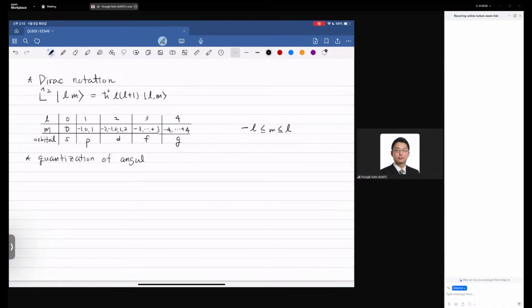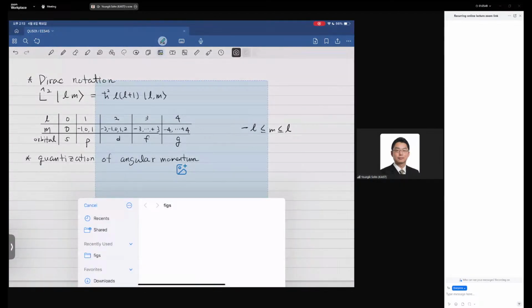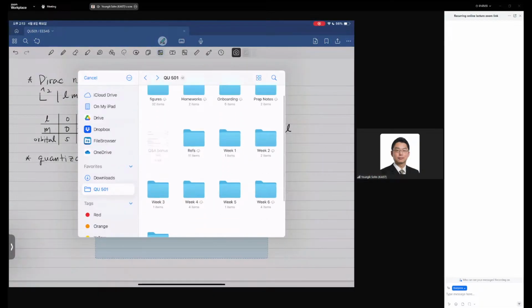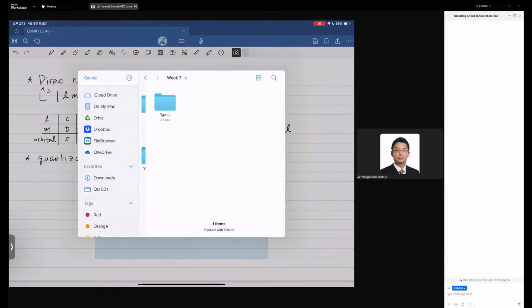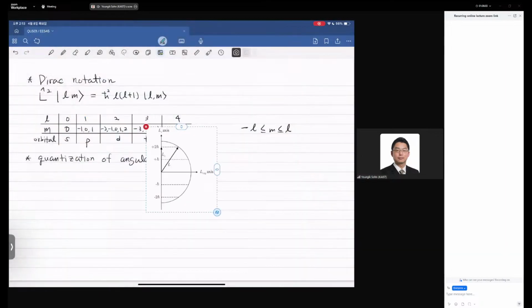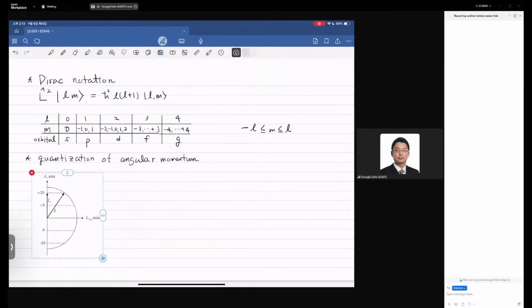And lastly, we arrive at the final part: angular momentum in Z. This is a good picture representing what we have solved for.